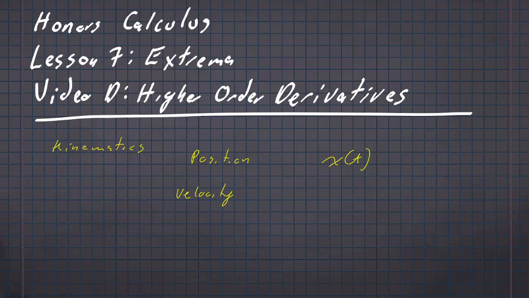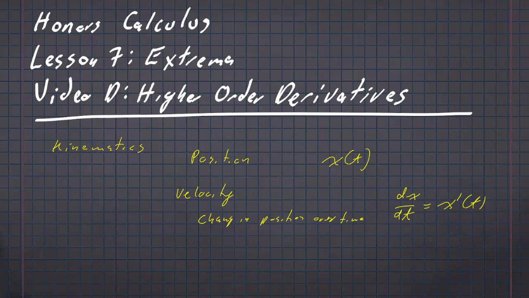And velocity is the rate of change in position over time, which is dx dt, or x prime of t.